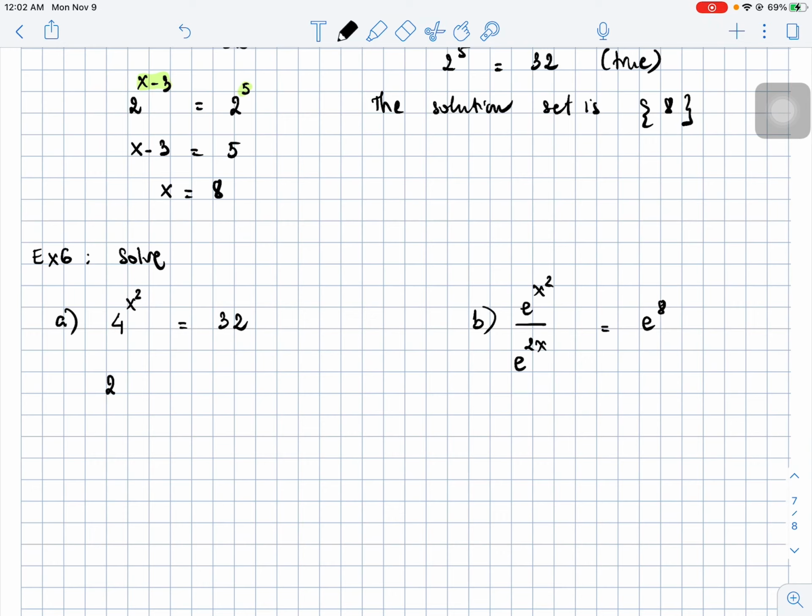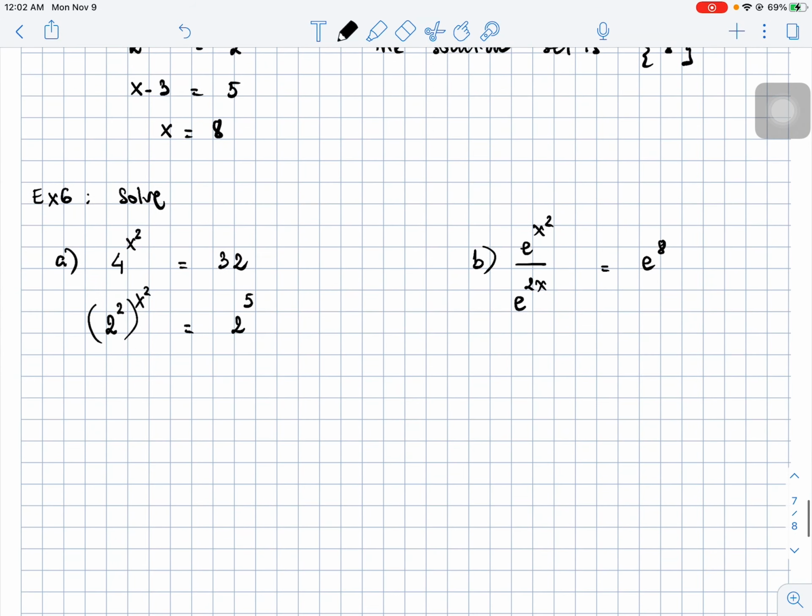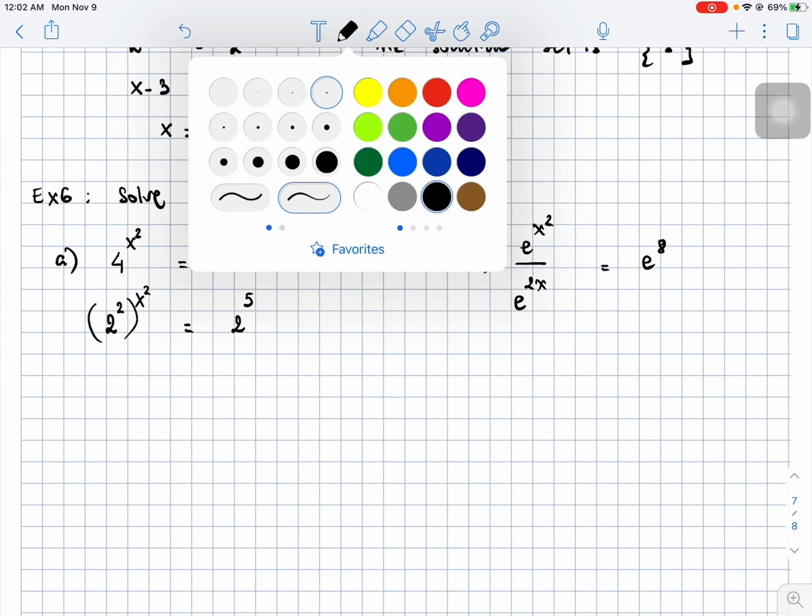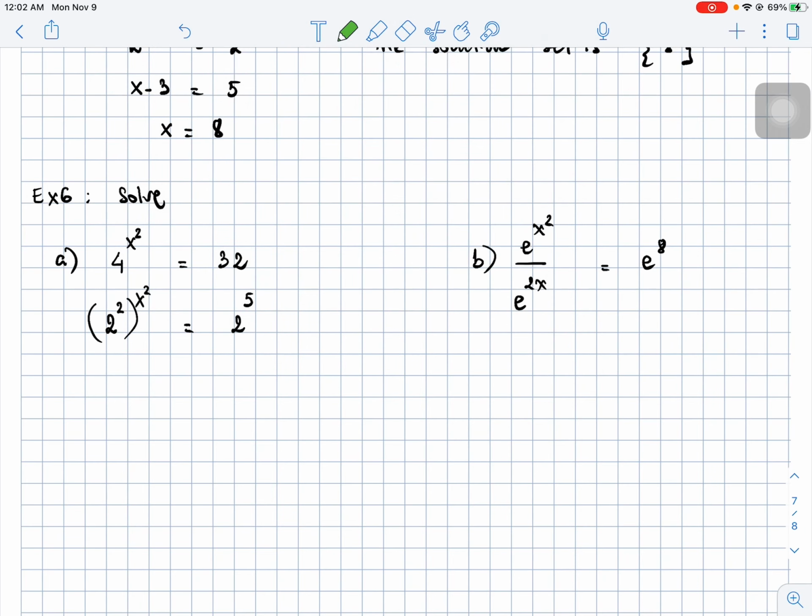We write 2 squared for 4, and then the exponent x squared is outside. And we have 2 to the 5th for 32.